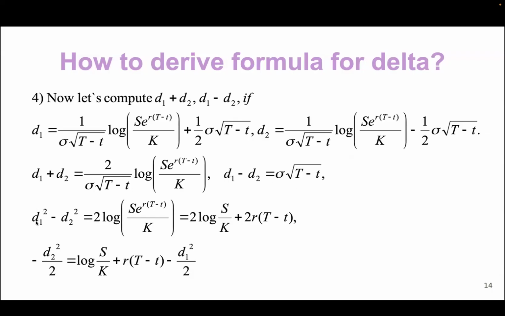Okay, and after that we can find the difference of the squares of d1 and d2. Can you say how we can find this result, if we know this and this? Elena, can you say?